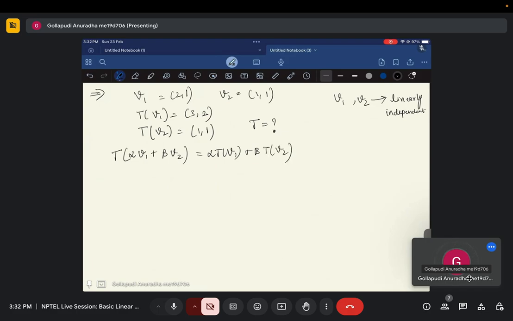Okay, so what is v1 (2, 1) and what is v2 (1, 1)? So the transformation of 2 alpha plus beta, alpha plus beta.